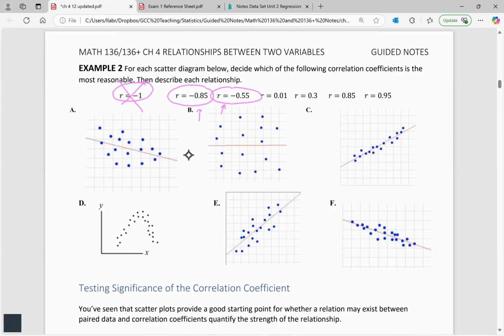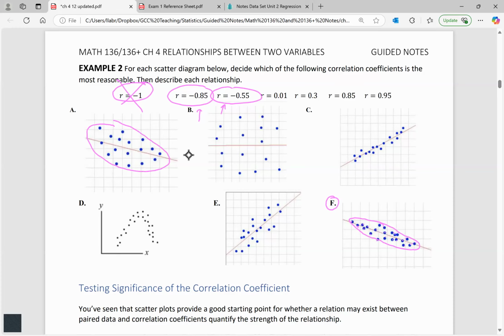I wouldn't pick -0.85. Part of the reason is there's another plot right here, F, that also has a negative correlation, right? Negative pattern, but the data points are closer together. There's a tighter or a stronger pattern in this data versus the pattern that I observe in A. So again, if you draw an oval, this would be a very thin oval. If we draw an oval in A, then that would be a wider oval.